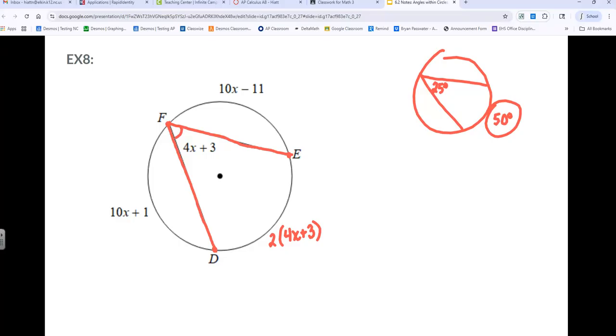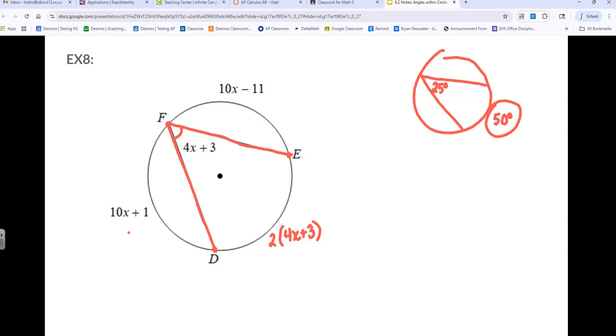Which ones? Are those two equal to each other? Is the inscribed angle equal to the arc that goes with it? No, because it's twice, so we cannot set those equal. Okay? I agree that these look like they are equal to each other. Does anything tell us they're for sure equal to each other?